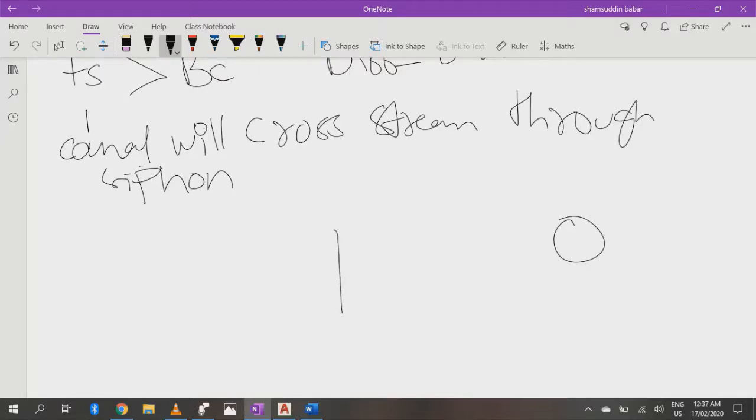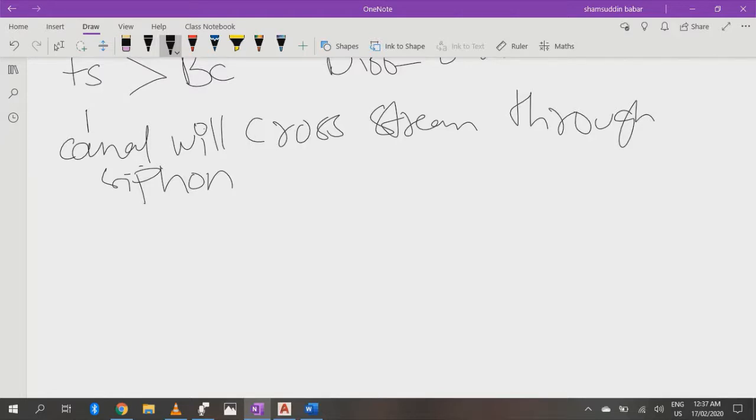A barrel looks like this, a square rectangular shape, and the concept is just like a pipe. So initially we need to find out its length. What will be its length?